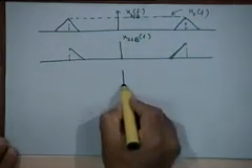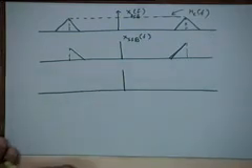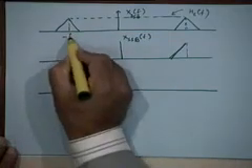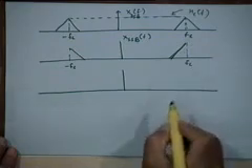I can represent this ideal low pass filter as the sum of two signum functions. This is minus FC, this is plus FC. Can you see that?